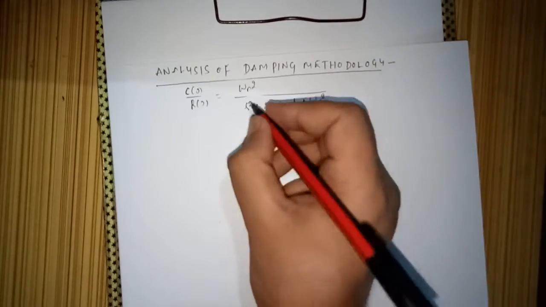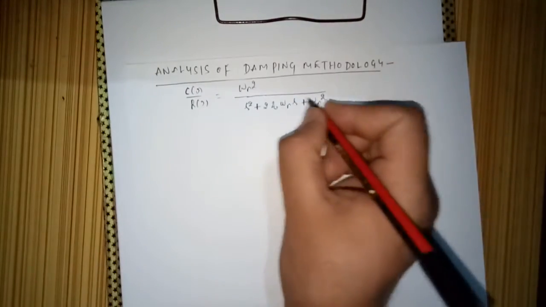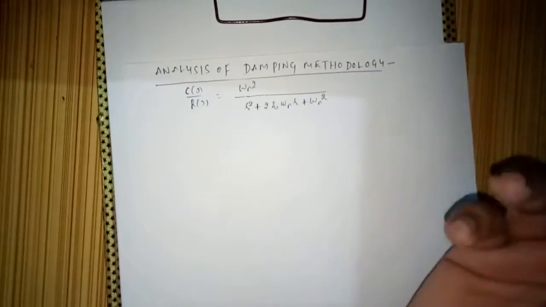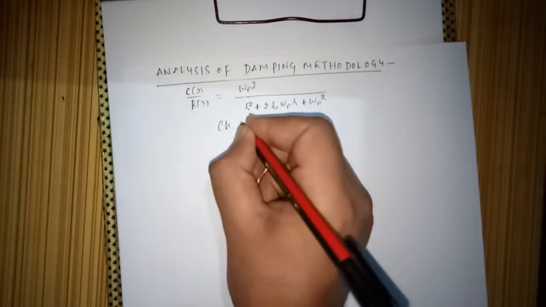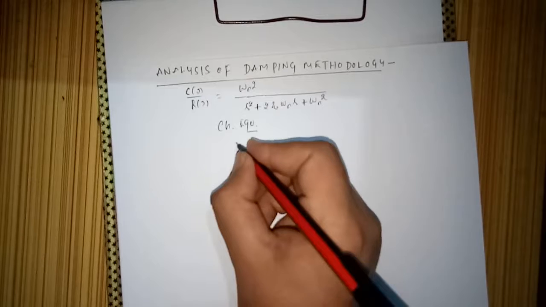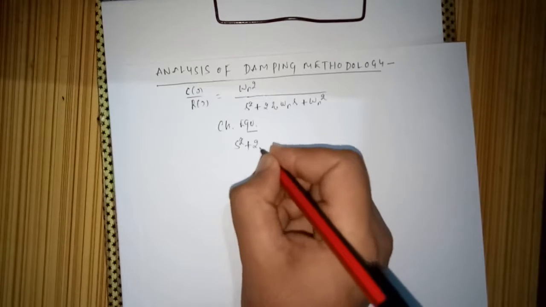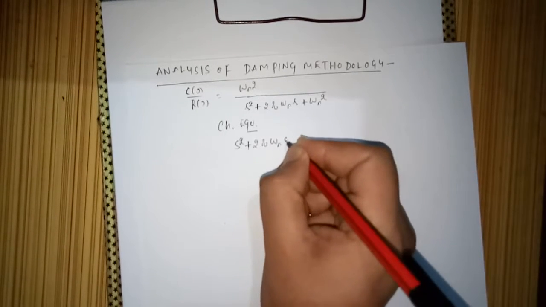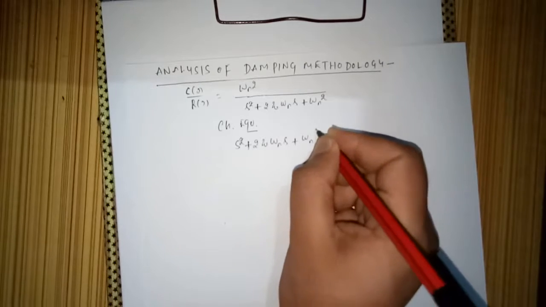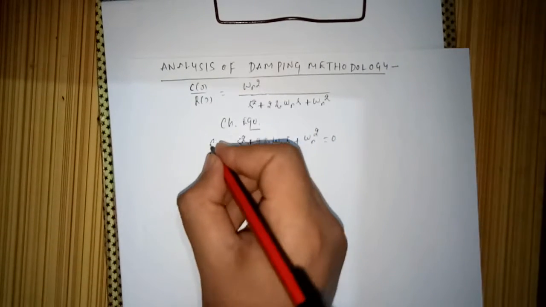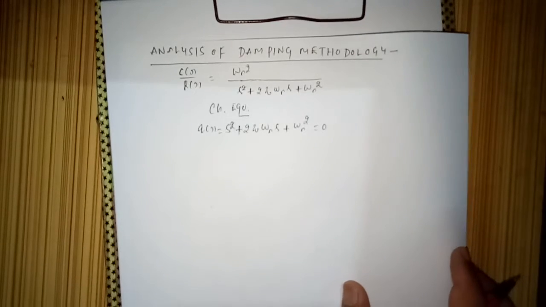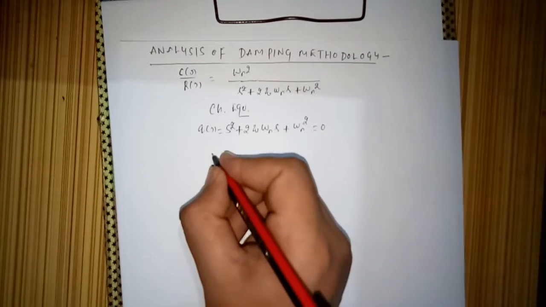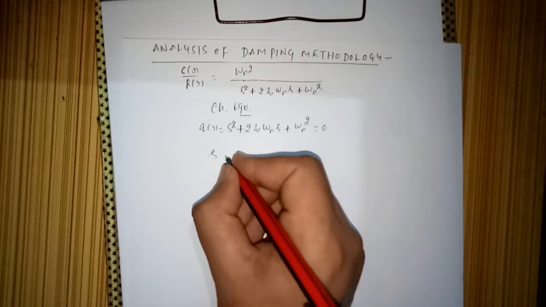Now we have seen that the characteristic equation characterizes the system, right? So I write the characteristic equation s square plus 2 zeta omega n s plus omega n square is equal to 0. This is my characteristic equation. Now I want to find its roots. How can I find its roots? By using the standard formula.